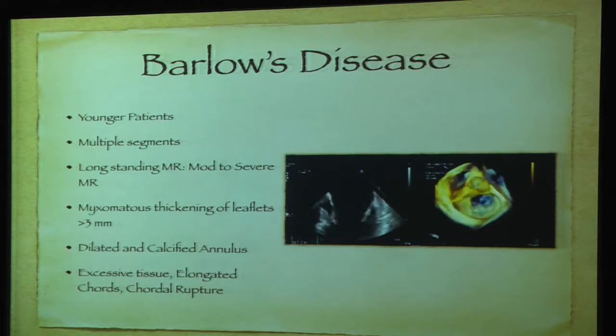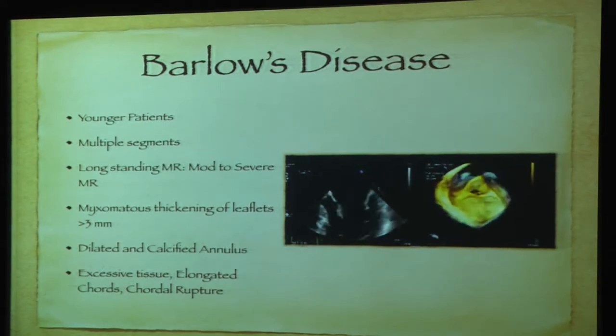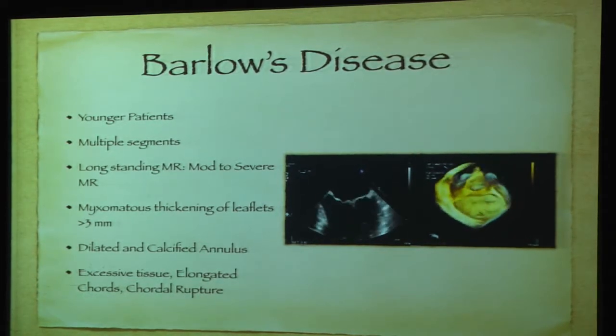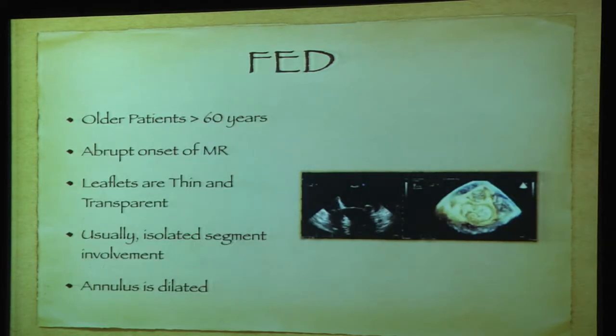There is excessive tissue in the leaflets themselves, and if you do an M-mode through the leaflets, their thickness is almost more than 3 millimeters. They always have a dilated annulus, and there is some degree of calcification depending on where you catch them in their disease process. As I said, they have excessive tissue, elongated cords, and high chances of chordal rupture.